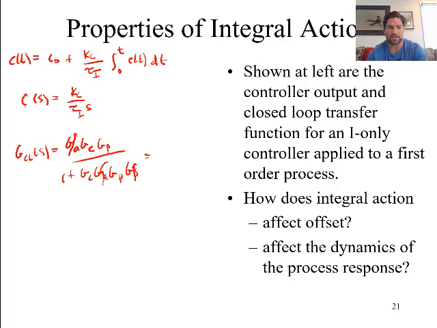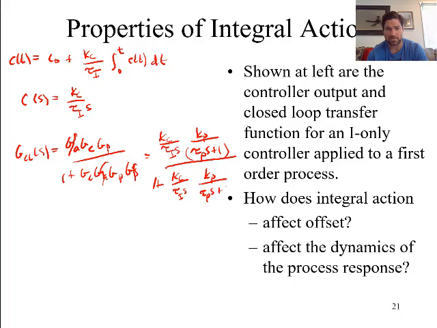And so this is going to give us GC, which is Kc over tau I s, GP, first order process, Kp over tau p s plus 1. Same thing on the bottom, we're going to have 1 plus, again, Kc over tau I s, Kp over tau p s plus 1. Okay, so now to get this to standard form, we have to multiply everything through by tau I s and tau p s plus 1.